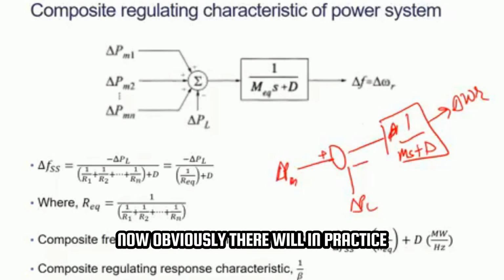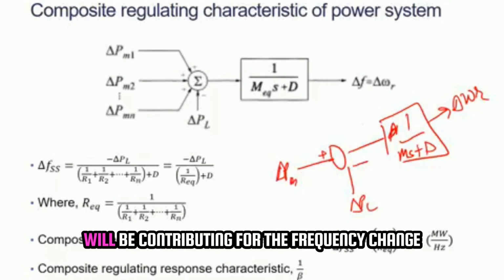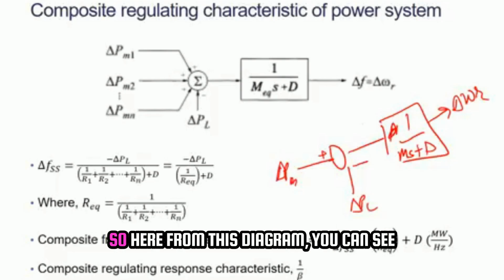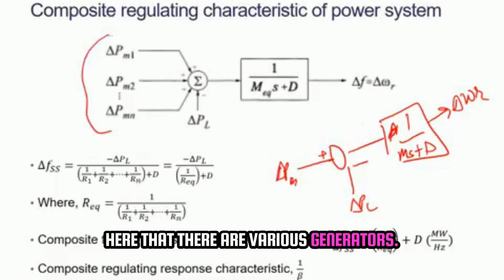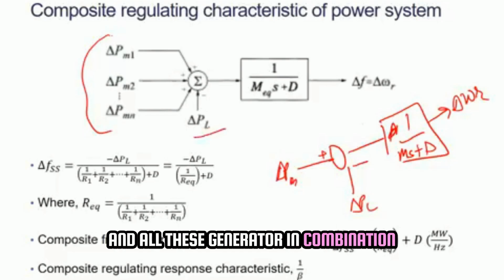Now, obviously, on a practical system there will not be just one generator; there will be many generators contributing to the frequency change and the load change. From this diagram, you can see that many generators are there, and all these generators in combination are trying to satisfy the load change.